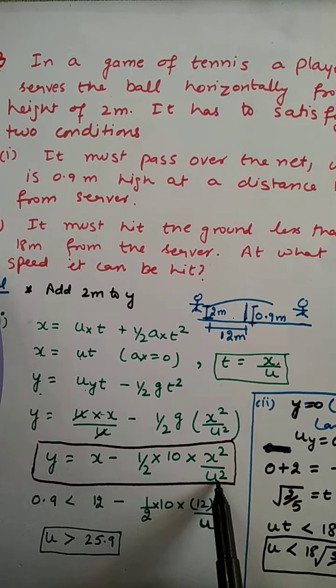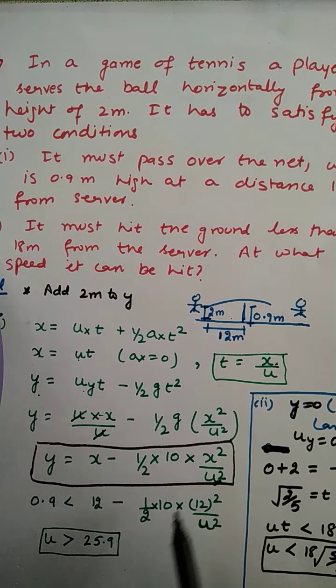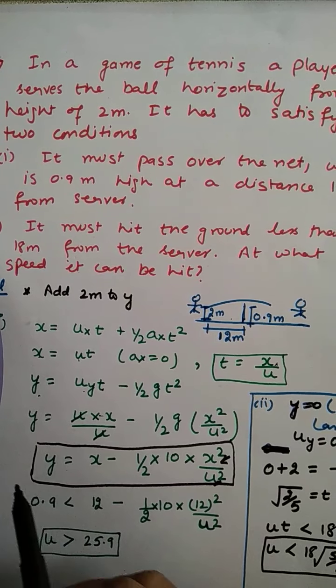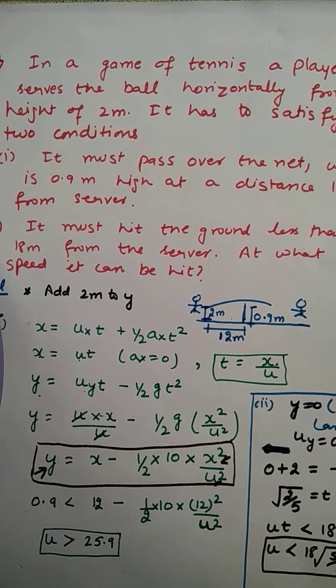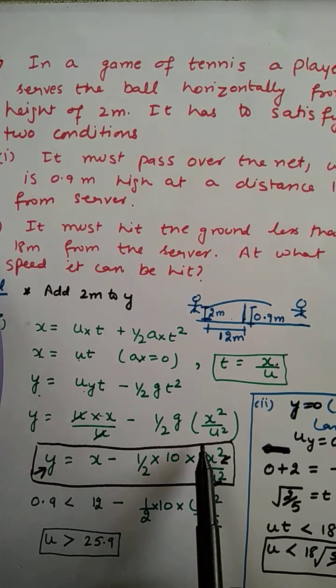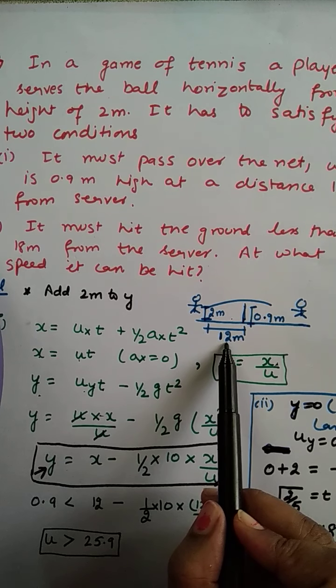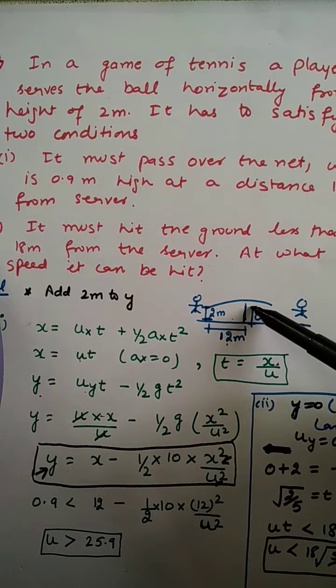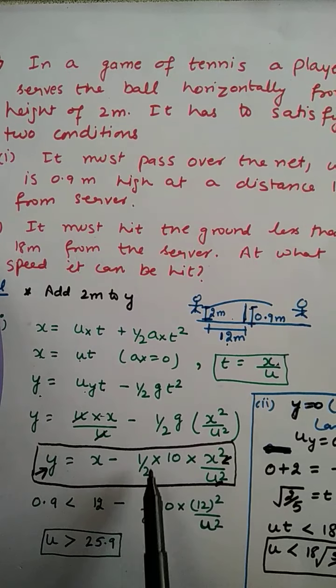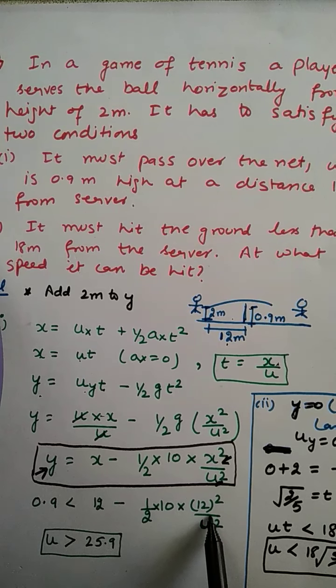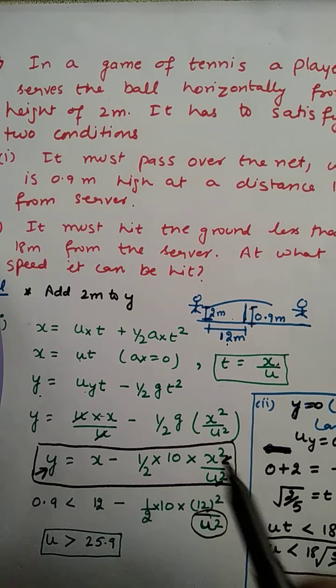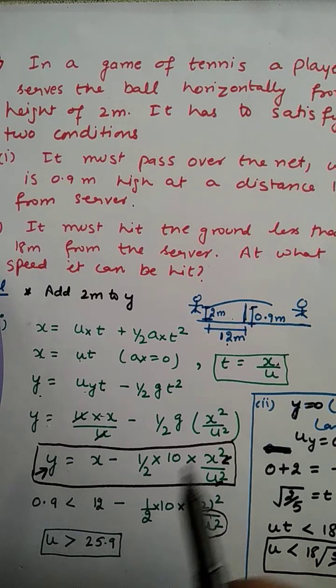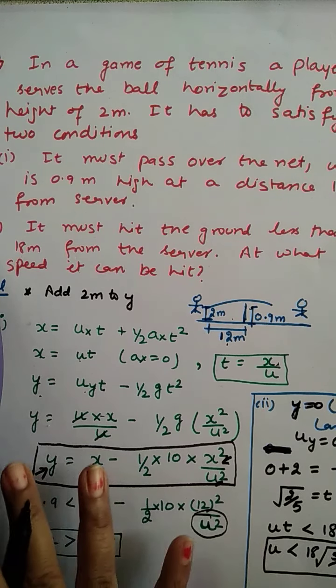So you are left only with the x-axis component and the y-axis component. We know the x-axis distance has to be 12 meter, and the y-axis distance has to be 0.9 meter. So using this, we can smartly calculate the minimum initial velocity. And obviously, you have to hit more than that initial velocity if you want the ball to clear the net without hitting it. This is the first part of the question.